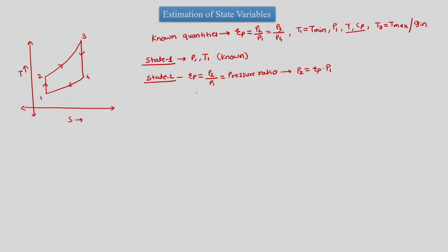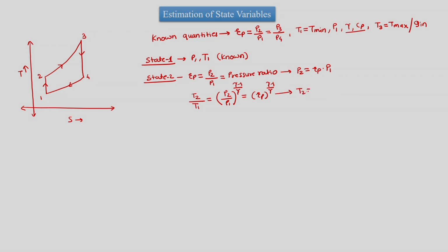Then we can find out temperature at the state 2 using the formula for isentropic process, which is T2 by T1 is equal to (P2 by P1) raised to gamma minus 1 upon gamma, and this is basically Rp raised to gamma minus 1 upon gamma.